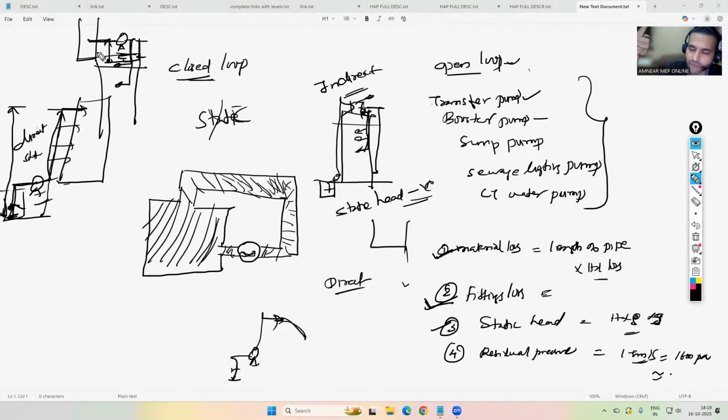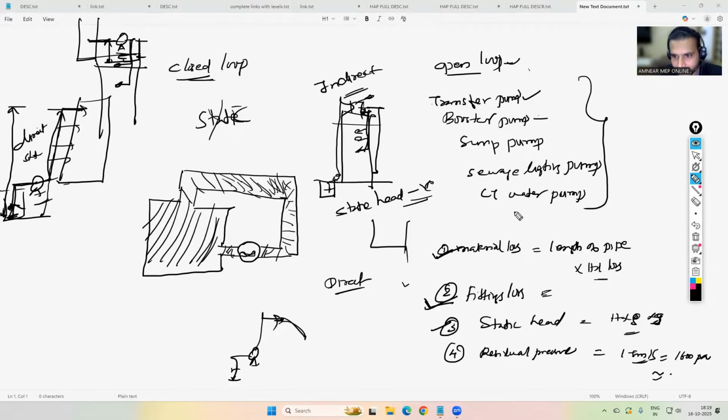So the topmost floor the booster pump is delivering to, that floor you need to consider as the critical path, because there only we will get very minimum pressure. So in an indirect system, where the pump is able to deliver the lowest pressure, or where by gravity we get the very minimum pressure, that branch we need to consider as the critical path. Based on that branch, you have to do the hydraulic head calculation.